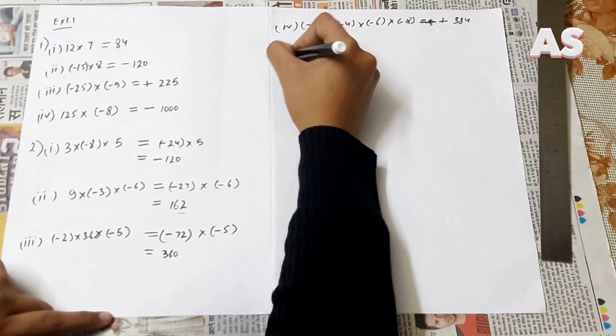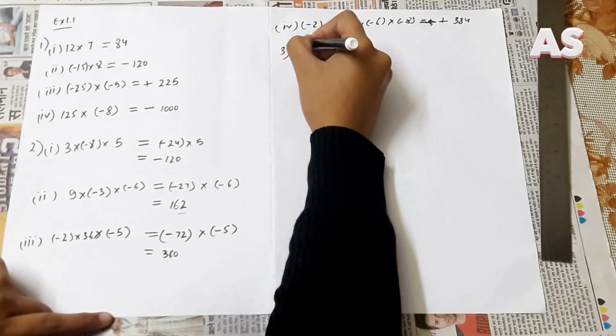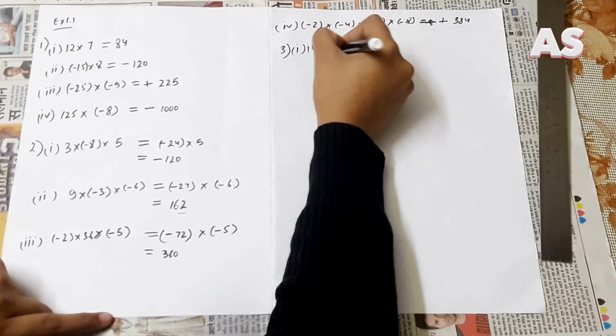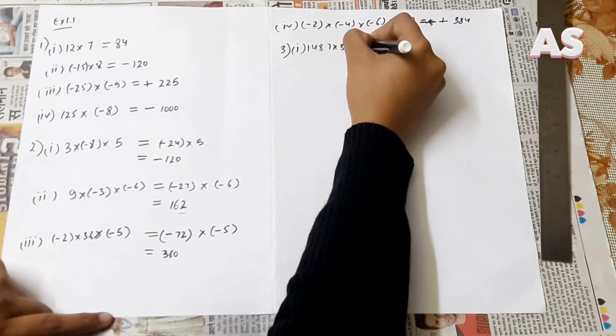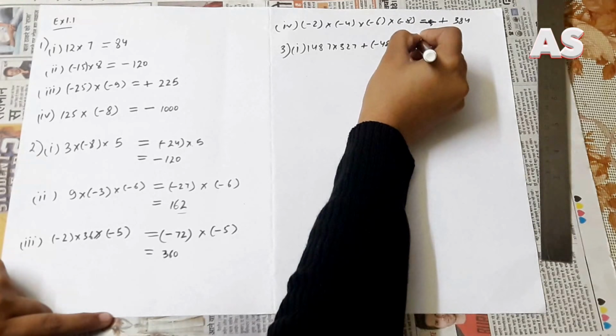Now the third question, where we have to use properties of multiplication. The first part, 1487 into 327 plus minus 487 into 327.